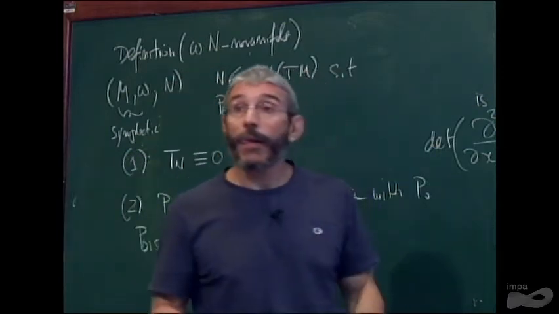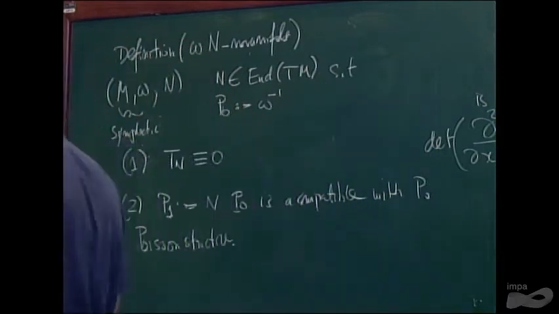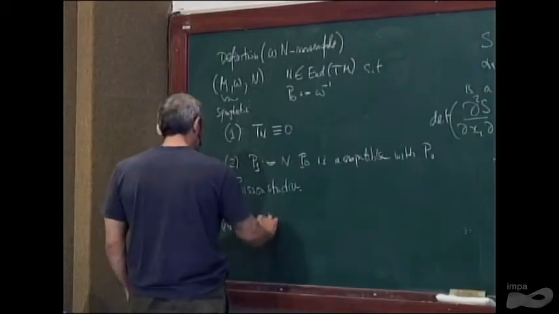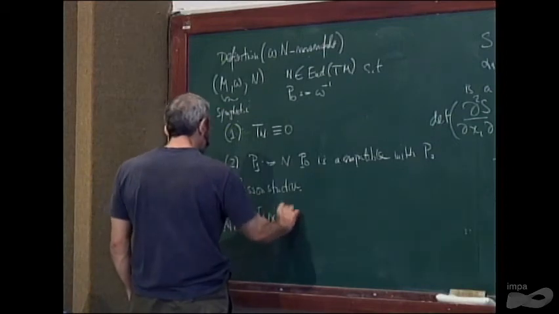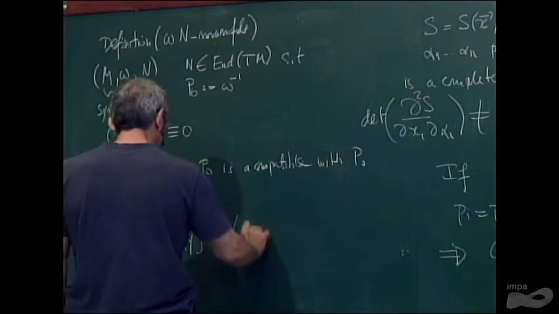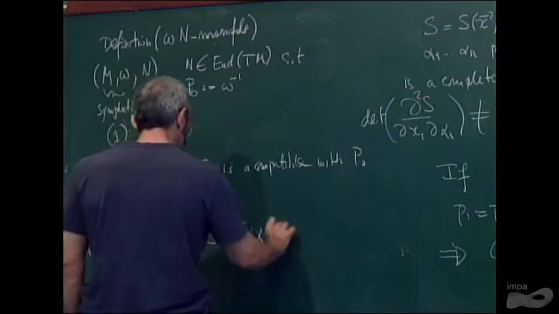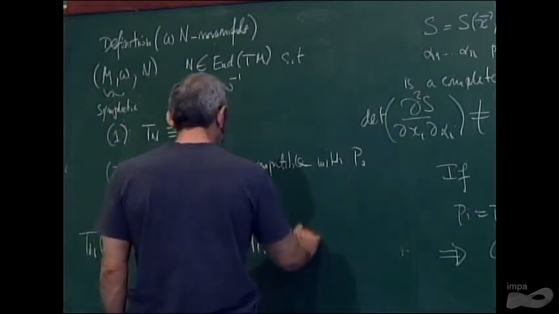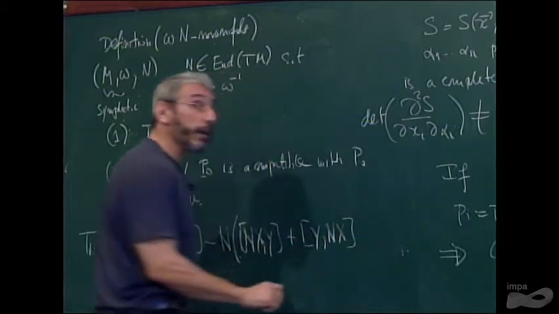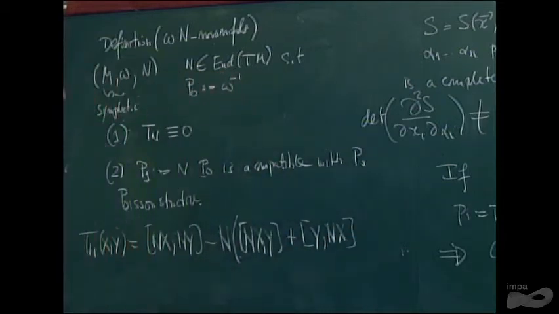What is the torsion? Yes, I'm sorry. So what is this T_N? T_N of X, Y is the torsion of N: it is N[NX, Y] minus N[X, Y]... that is, the Nijenhuis torsion. Yes, absolutely.